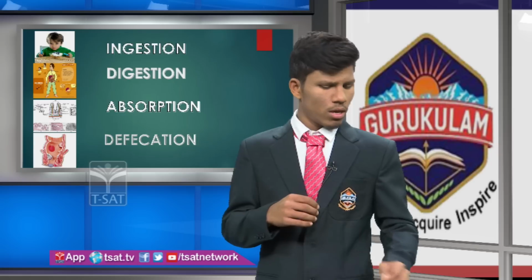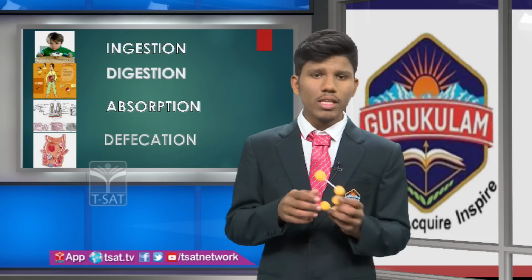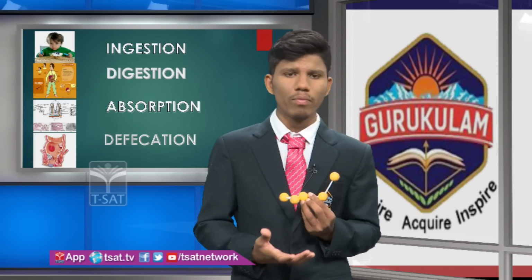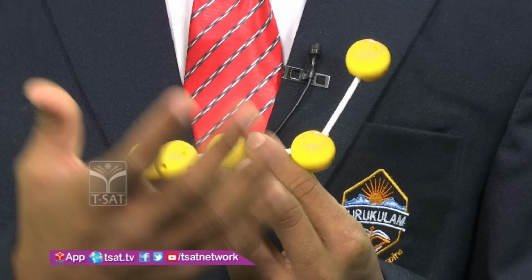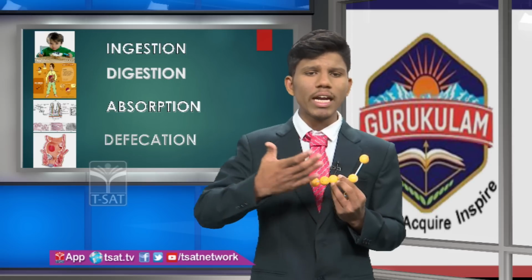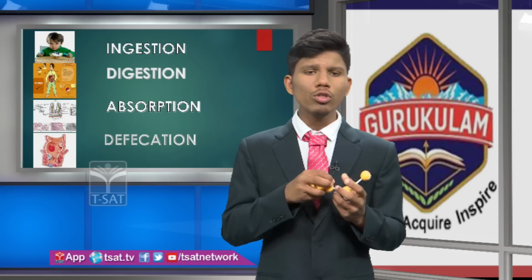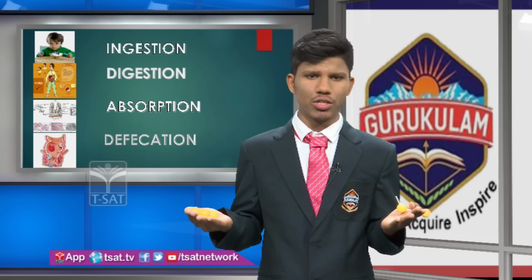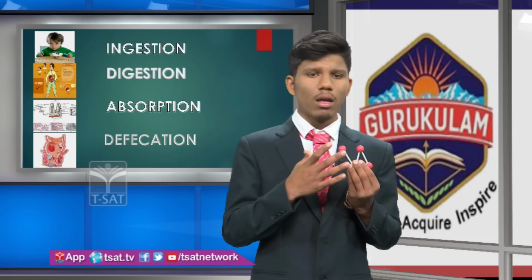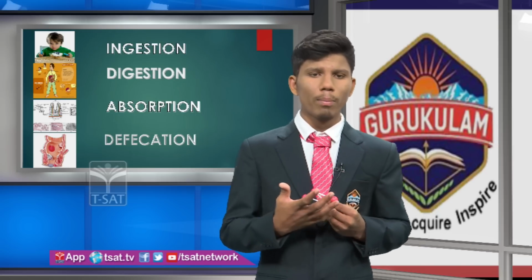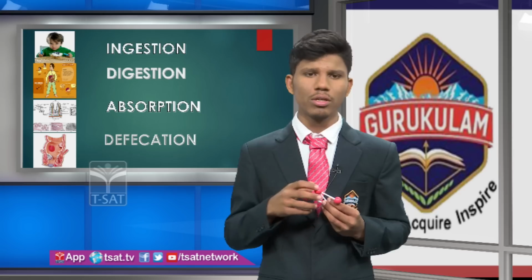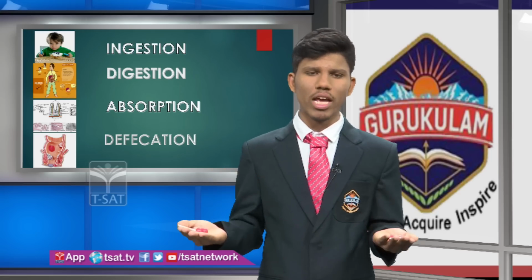For example, friends, if we think this is a complex food substance of carbohydrates, it should be converted into glucose, into simple molecules, after digestion. If this is a complex food substance of protein, that should be converted into amino acids after digestion into simple substances.